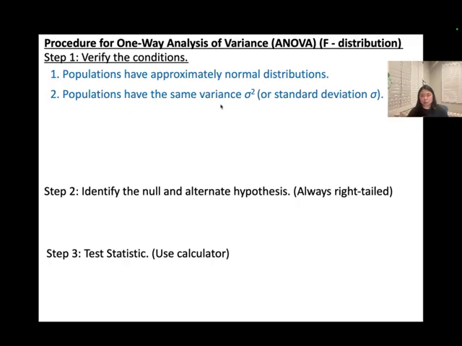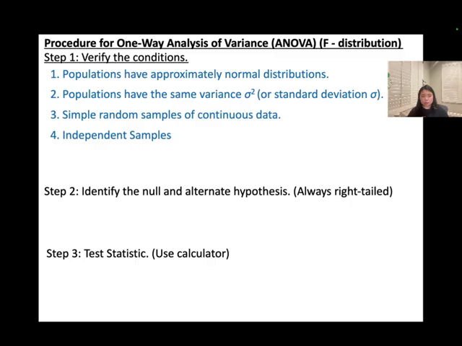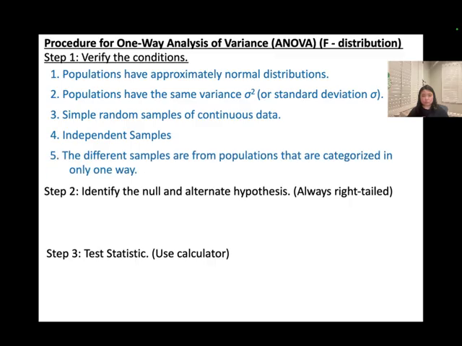Okay, this is talking about the population's variance, or you could think about it, they do have the same population standard deviation. Number 3, simple random sample of continuous data. And independent samples. The samples should be independent of each other. And the different samples are from populations that are categorized in one way. Okay, one factor or one treatment.